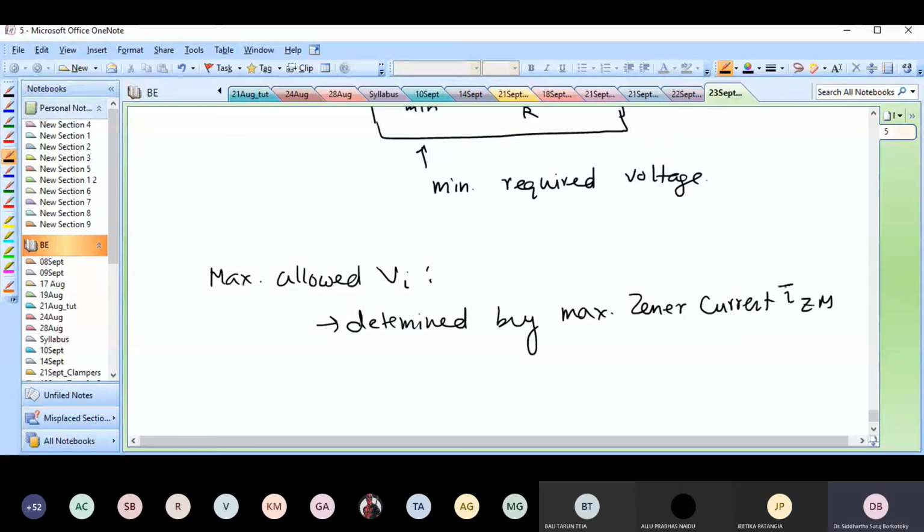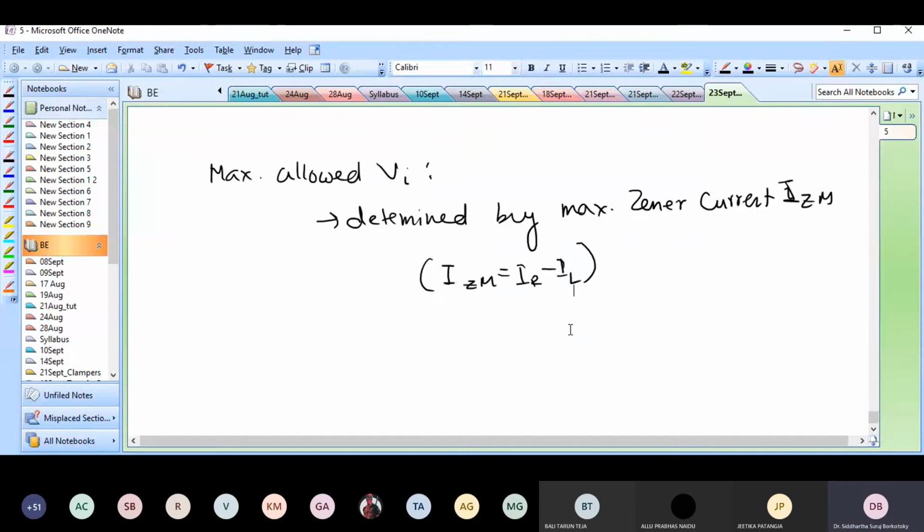Okay, so this is the maximum Zener current, IZM. Because as I know, IZM is IR minus IL. So I need to make sure that IR max is equal to IZM. I don't need to make sure of IL, this is its property.